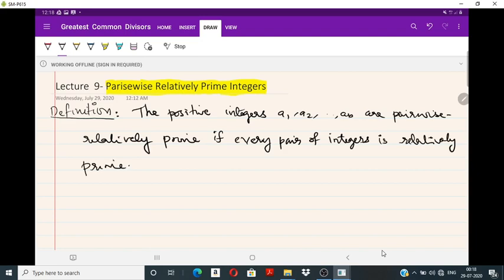That means a set of integers a1, a2, etc. an are said to be pairwise relatively prime if we consider any pair a1, a2 or a2, a3 or any pair of integers, then they are relatively prime. Then we can say that the set is pairwise relatively prime.